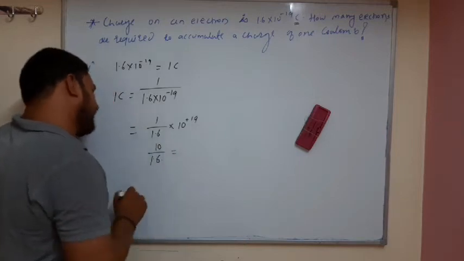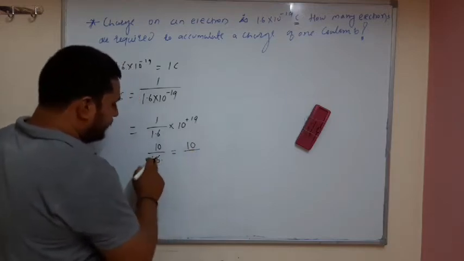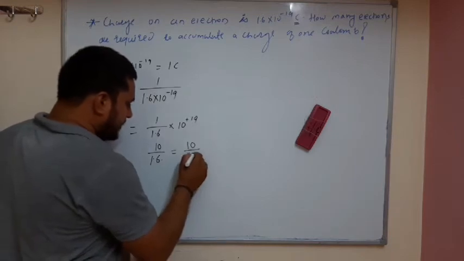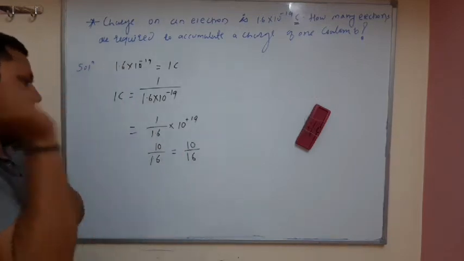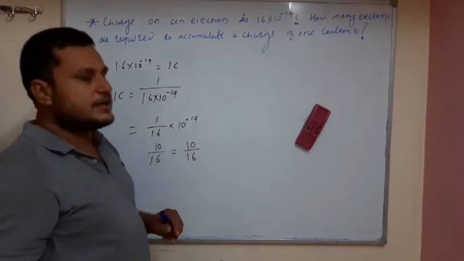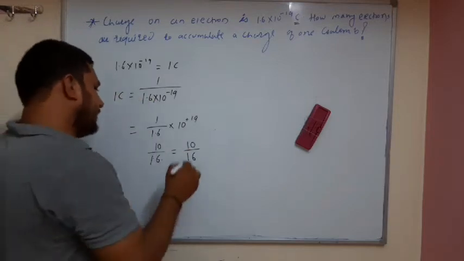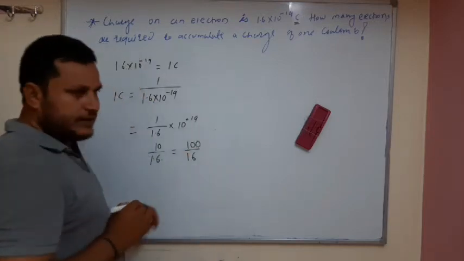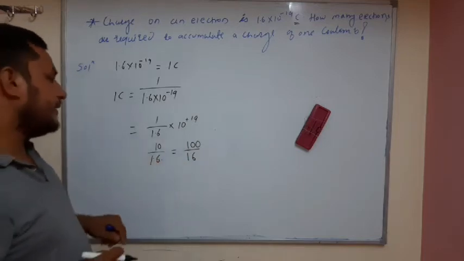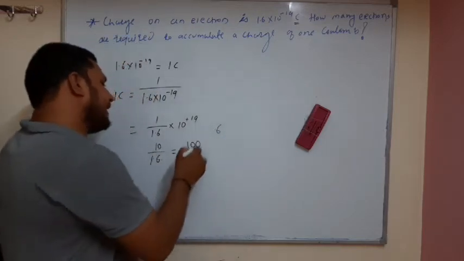So we remove the decimal point, and it becomes 10 divided by 16. That is not possible, so just put the point in the answer, then this value becomes 100. Now it's possible, so 16 times 6 is 96.